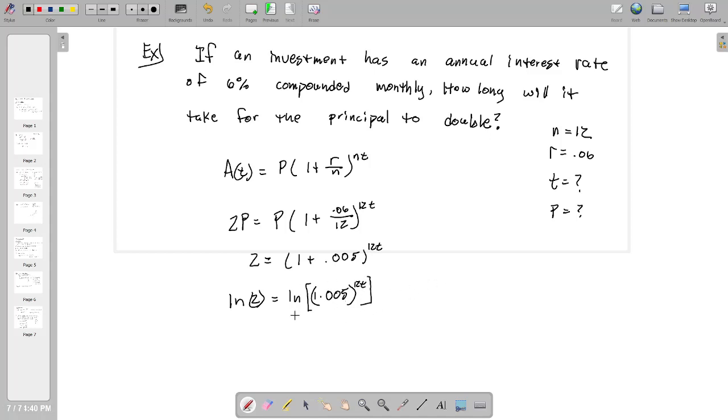So we can move this 12t down to the front because it's a power on the input. ln of 2 will equal 12t times ln of 1.005. And then we just divide by 12 times ln of 1.005, and we have our solution. We have ln of 2 divided by 12 ln 1.005. If we actually use a calculator, we end up with 11.58 years.